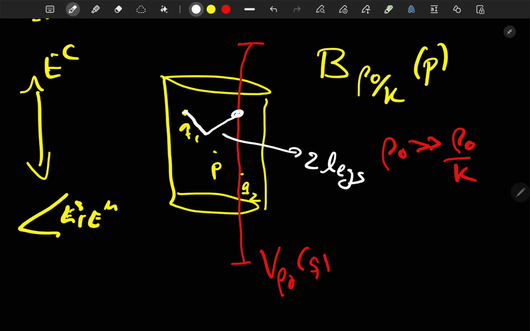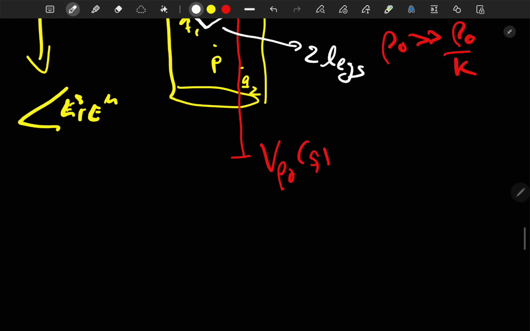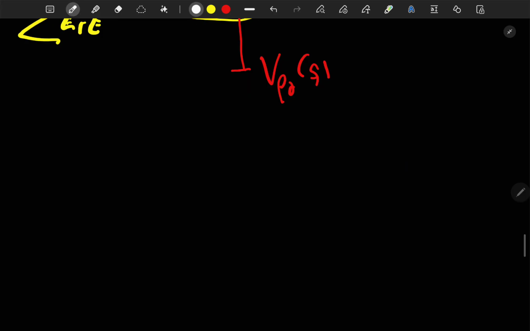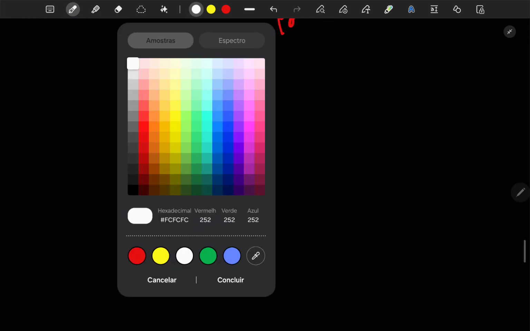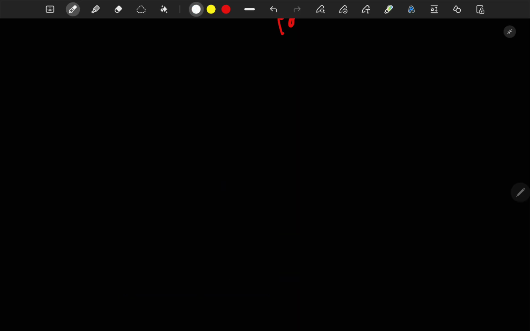It's also very easy to do this. This is Lemma 2.2, and finally Lemma 2.3.